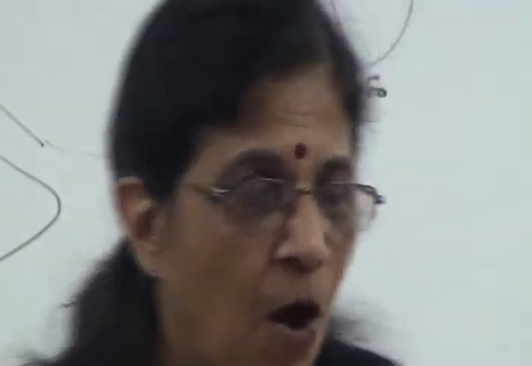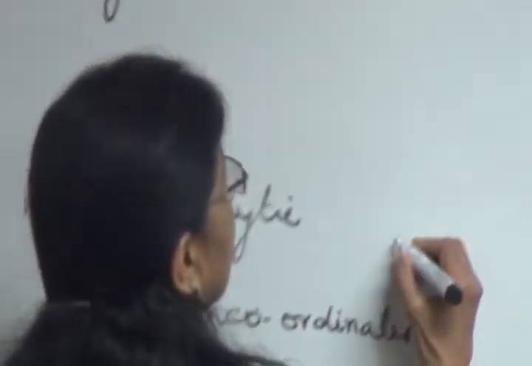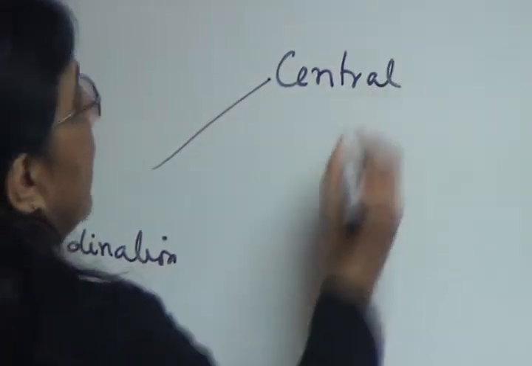There is not any element of paralysis of this muscle or that muscle or this nerve. It is an incoordination. The incoordination may be at a central level, central nervous system.